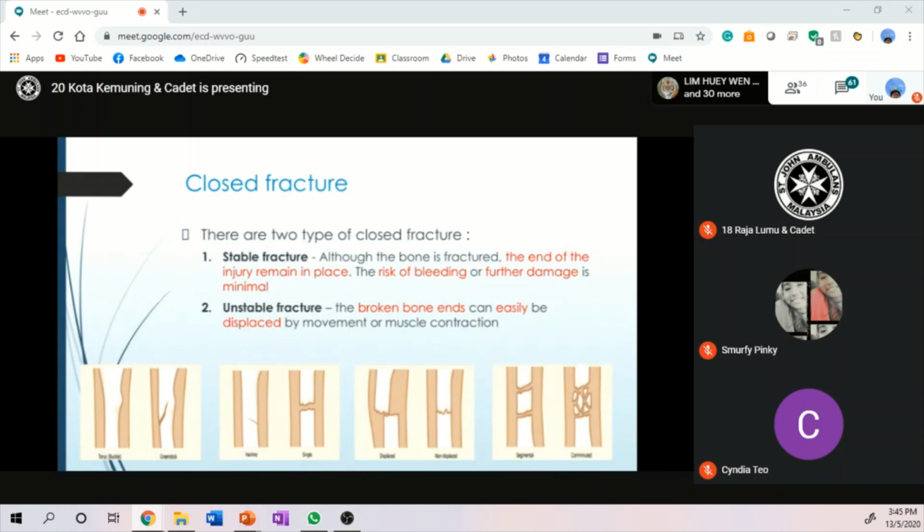An unstable fracture is when the bone is broken and will displace easily when there is movement or muscle contraction. You move a bit, and the bone displaces, moving from the original place. Like in the picture, the first one is a stable fracture, and the last is an unstable fracture.